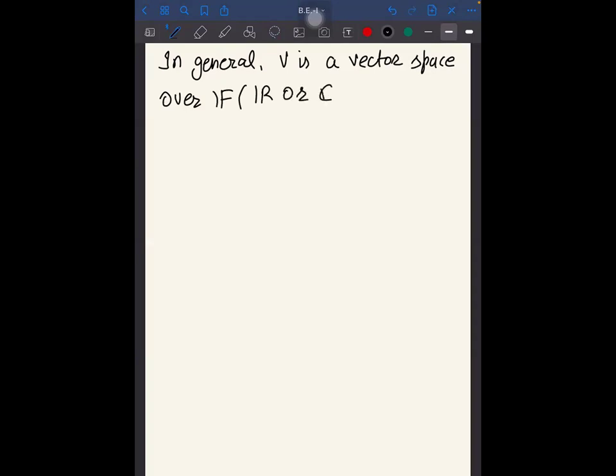Okay, so in general, V is a vector space over a field F, but in place of F we'll have either R or the set of complex numbers C. All right, let's start with a very simple example, and that's what.